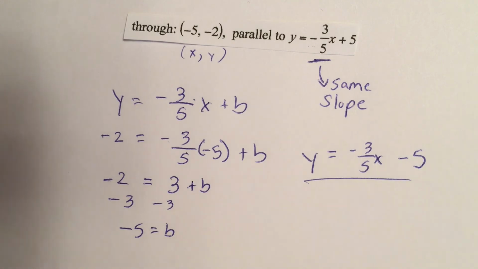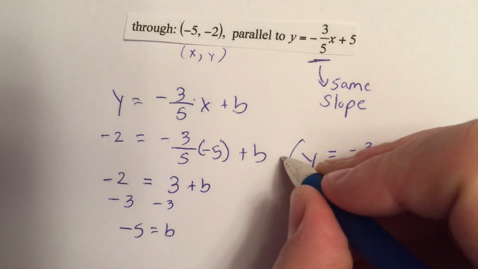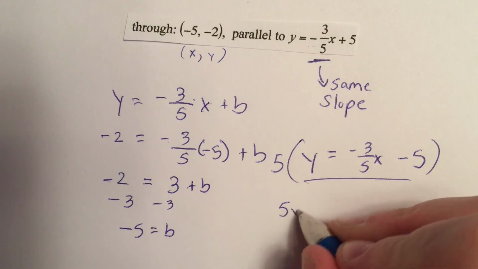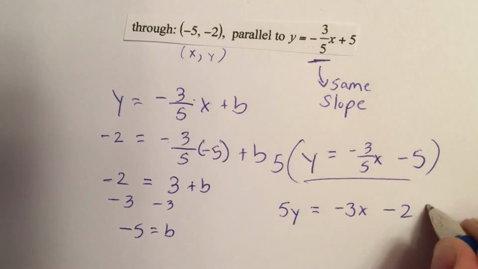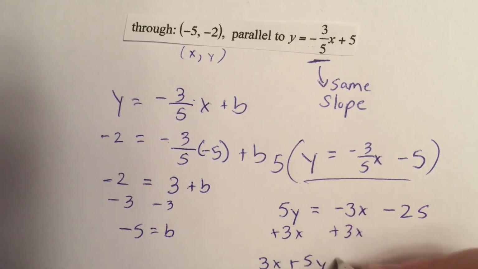Now, I really want to focus on manipulating this equation and putting it in standard form, because you need to be flexible about manipulating these. To put it in standard form, I'm going to do something different this time. I'm going to multiply by 5 first before moving stuff. So I get 5y equals -3x minus 25. Add 3x to both sides. 3x plus 5y equals -25.